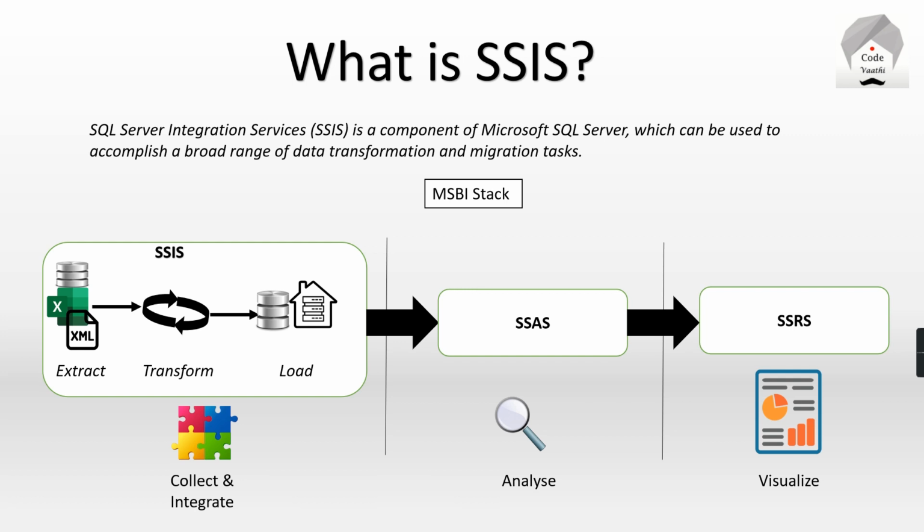So from collecting the data till visualizing that data, there are three components mainly involved, and they are SSIS, which helps in collecting the data and integrating the data, and it involves transformation rules also and loading the data into the data warehouse. After the data is loaded into the data warehouse, it moves on to the next component, SQL Server Analysis Services. So it involves analyzing the data.